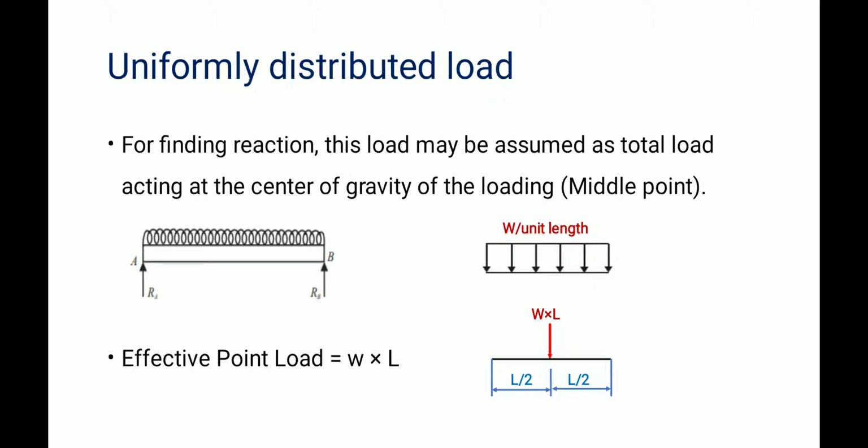So here the symbol will be in this way, or otherwise it may be noted like this. The unit will be W per unit length. Per unit length, how much load is there? That same amount will be acting throughout the length. That means uniformly distributed load. The load is distributed from one end to another uniformly over the beam.